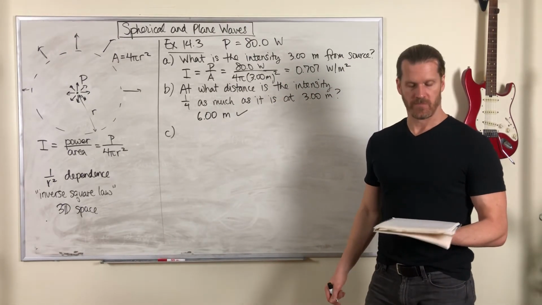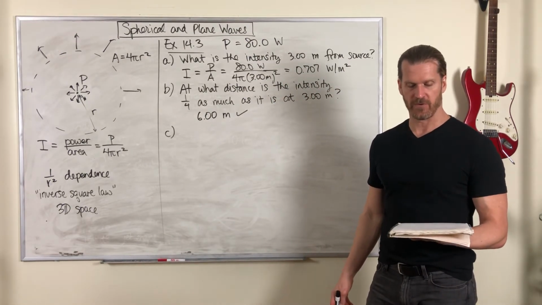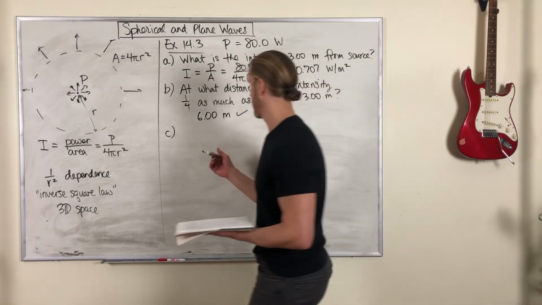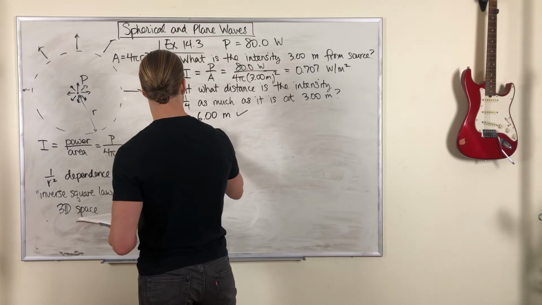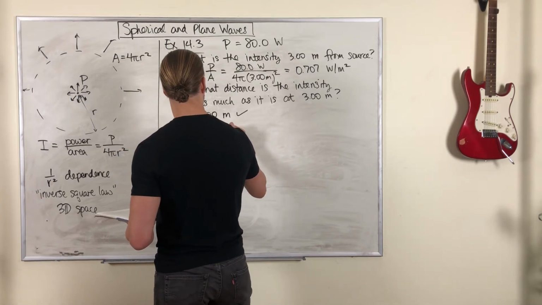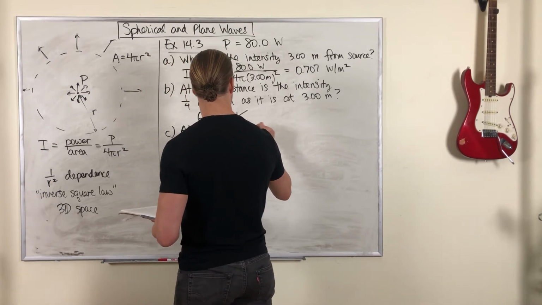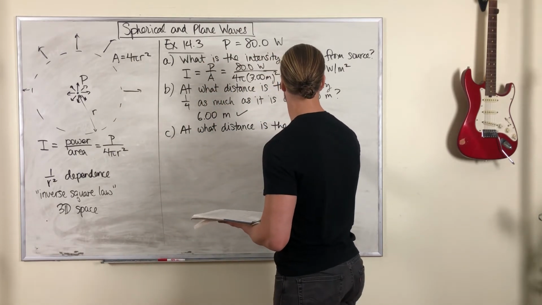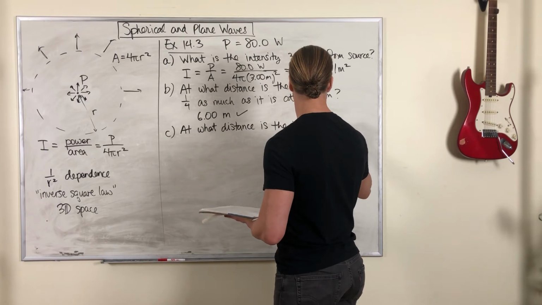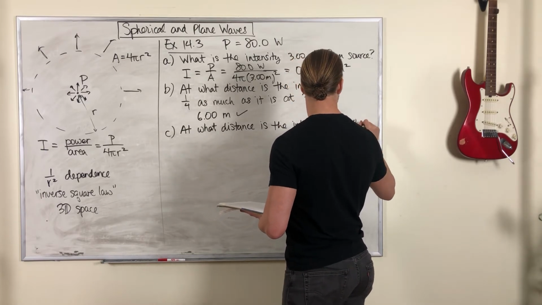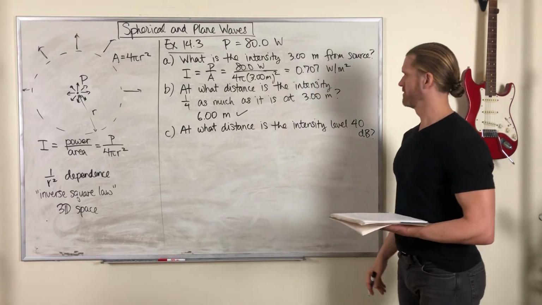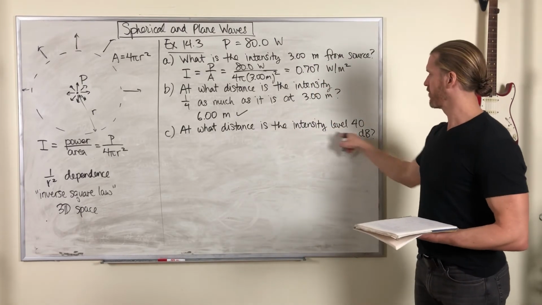And part C, find the distance at which the sound intensity level is 40 decibels. Again, I hate this term intensity level.